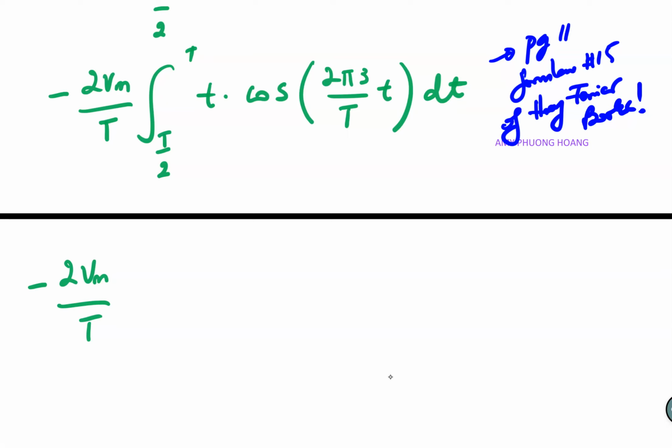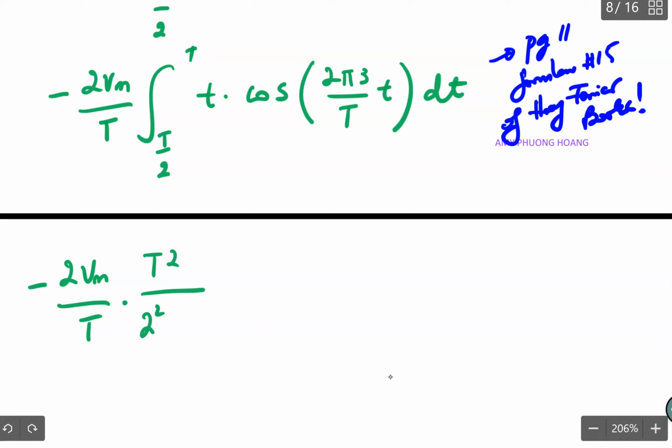Now I'm going to multiply this with t squared over 2 squared, pi squared, and 3 squared.